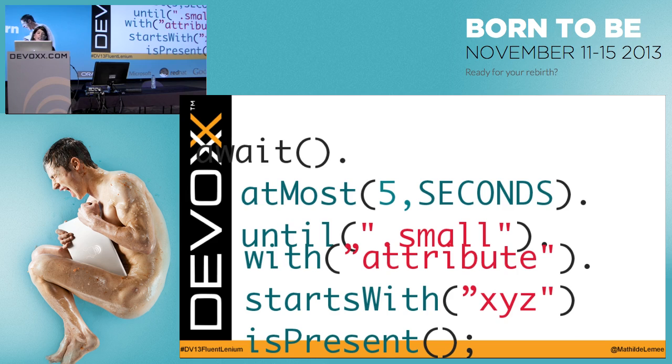So if you say here, we've got until an element with class small with attributes that starts with X, W, and Z is present. So you can do a lot of stuff like that, but just keep in mind that the more simple you stay, the easier it is for the people behind you to maintain your test.